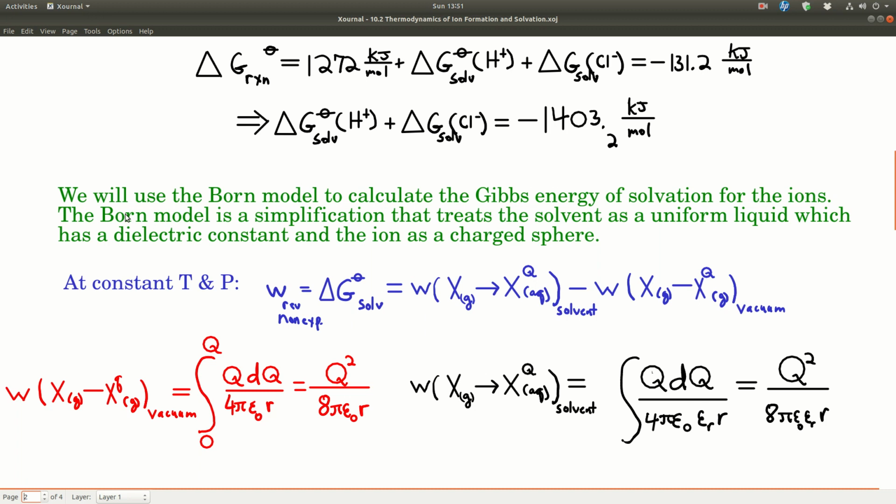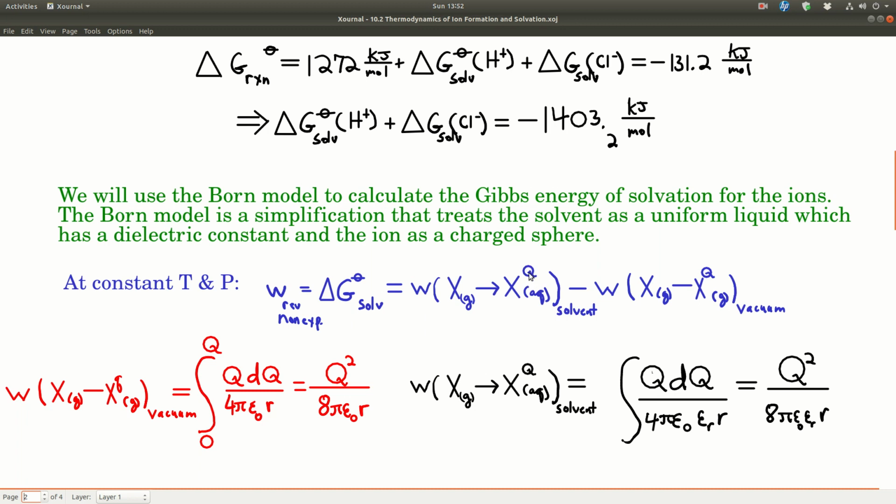So the idea is we know that at constant temperature and pressure, the reversible non-expansion, or non-PV, work is equal to the delta G. And because this is solvation, the reversible non-expansion work for this process is equal to delta G of solvation. Here's how we think about it in the Born model: the work of taking a neutral gaseous atom, like a hydrogen atom, not a molecule, or a chlorine atom, and making it into the solvated ion.